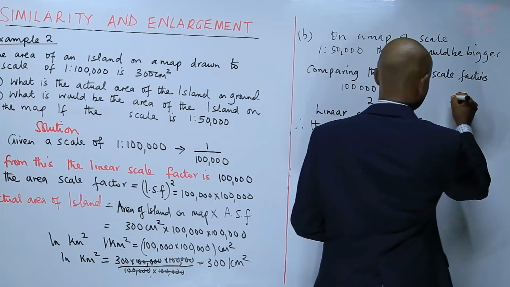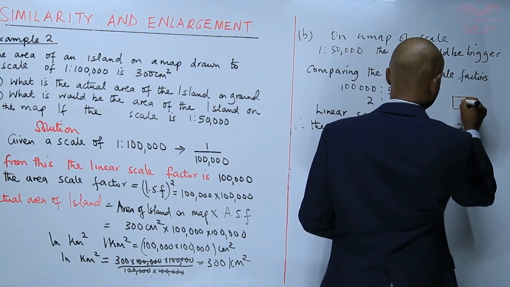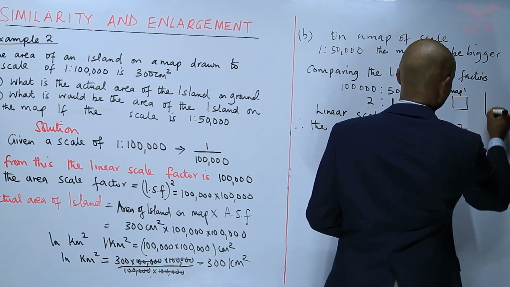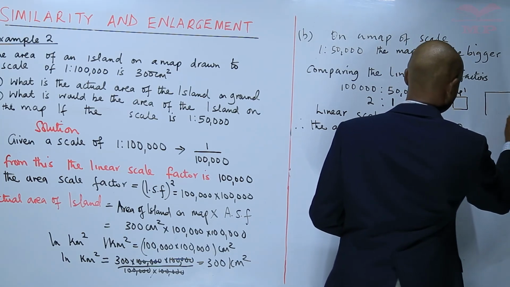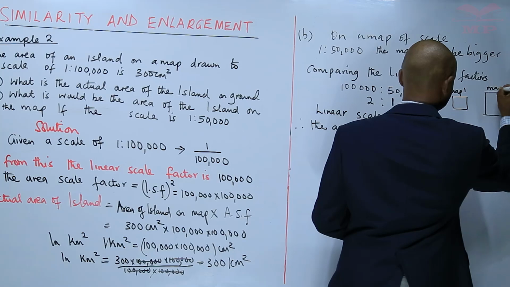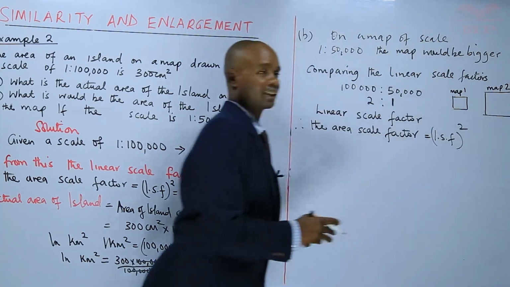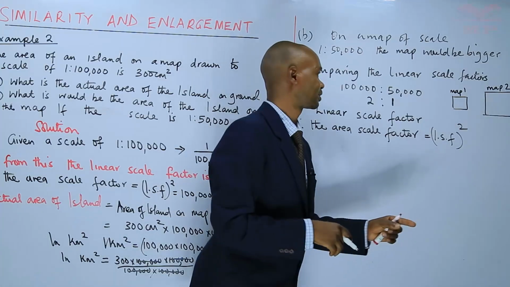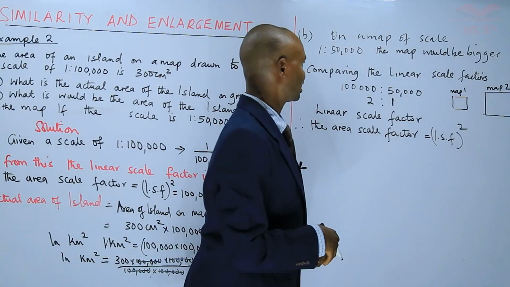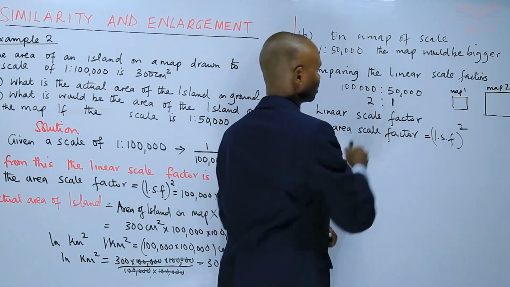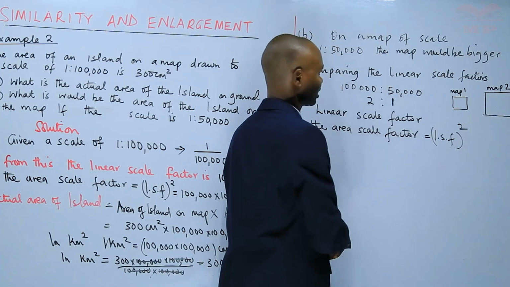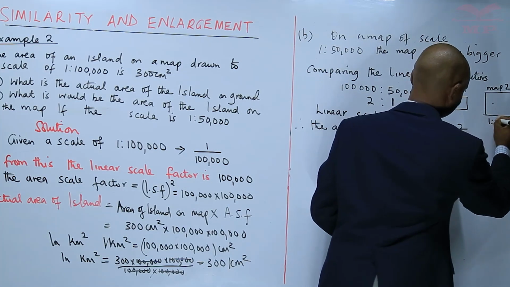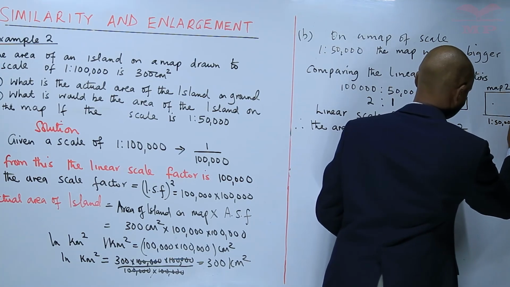So if it is just figurative, you'll have map 1, map 2. Map 2 will look bigger. So you are comparing the two in terms of linear ratio. This one is drawn to 1 to 50,000.